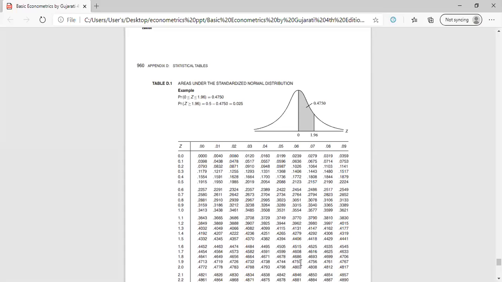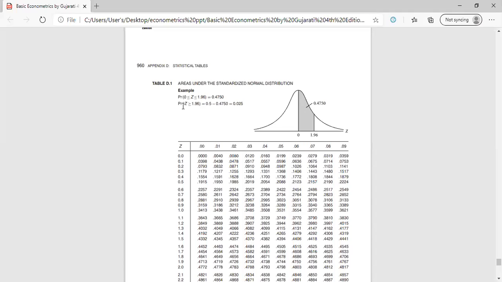You want to find a probability of an area, you look at the table like this. And so if this is the area, that is giving you the probability that Z lies between 0 and 1.96, which is 0.4750 from the table.